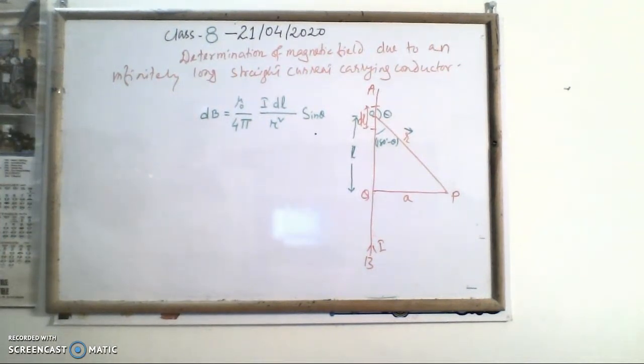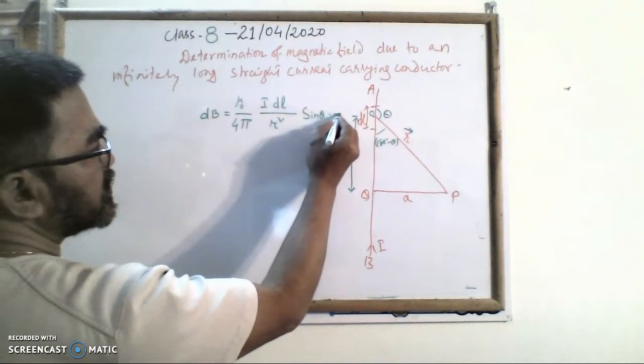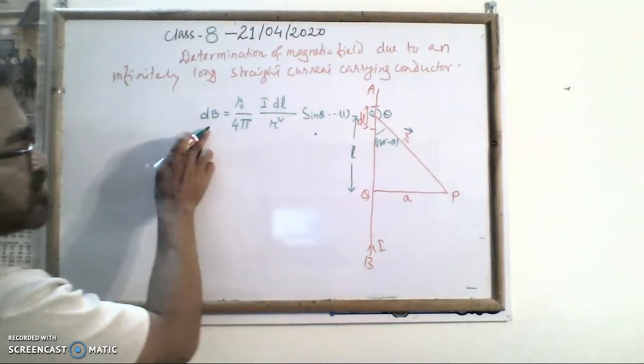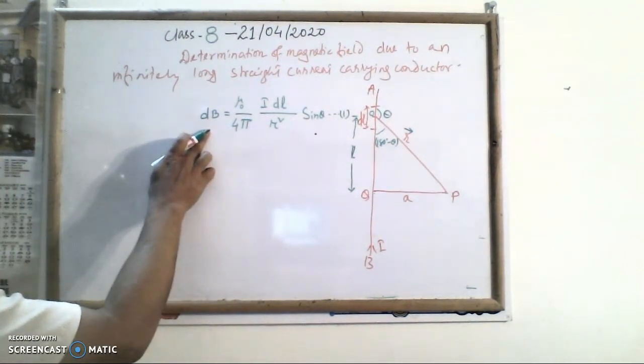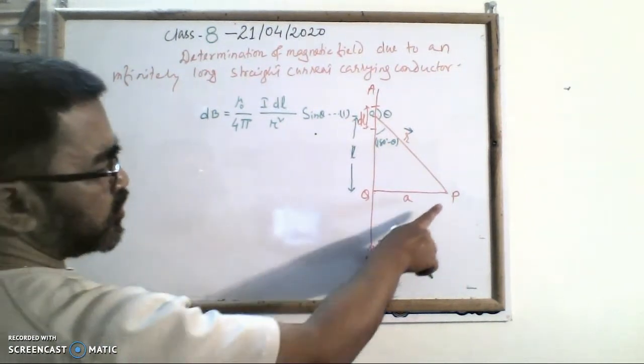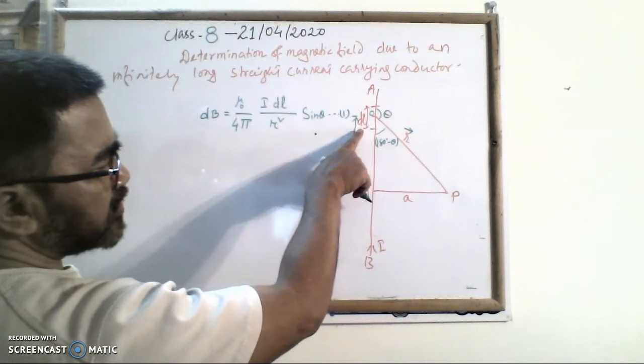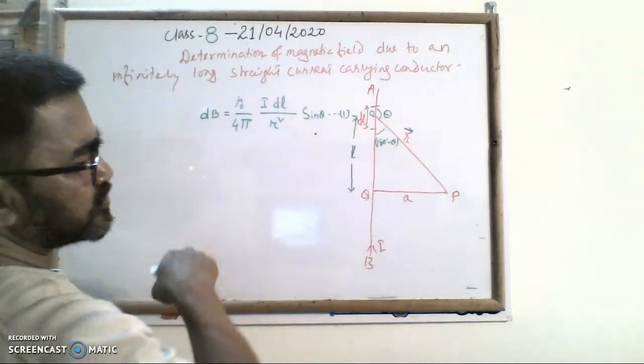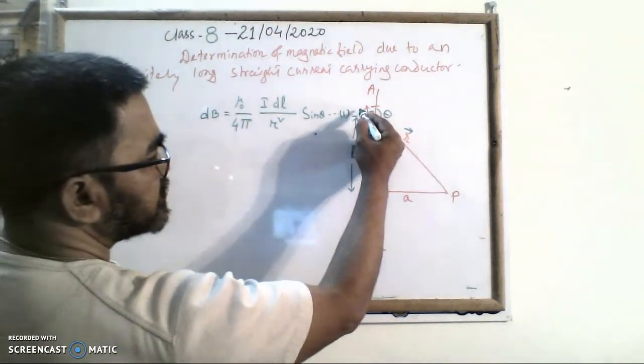This is the magnitude of the magnetic field according to Biot-Savart's law produced at point P due to current element I dl vector. dl is also a vector.